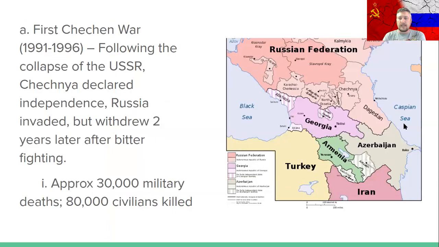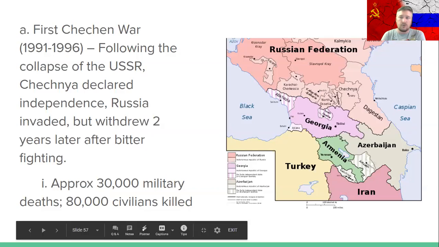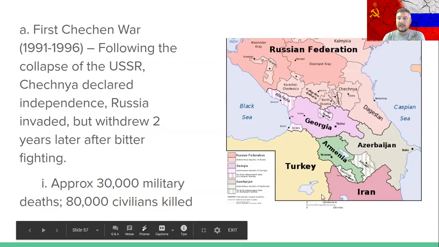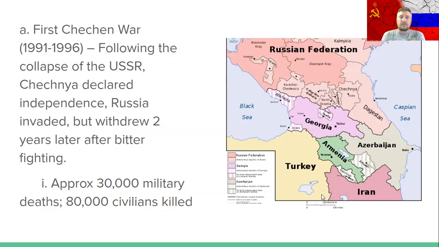The first major war between these two regions was the First Chechen War, which took place from 1991 to 1996, and this was right after the collapse of the Soviet Union. Chechnya decided that they, alongside pretty much the rest of Eastern Europe, I should mention, that this was the time for them to declare independence.